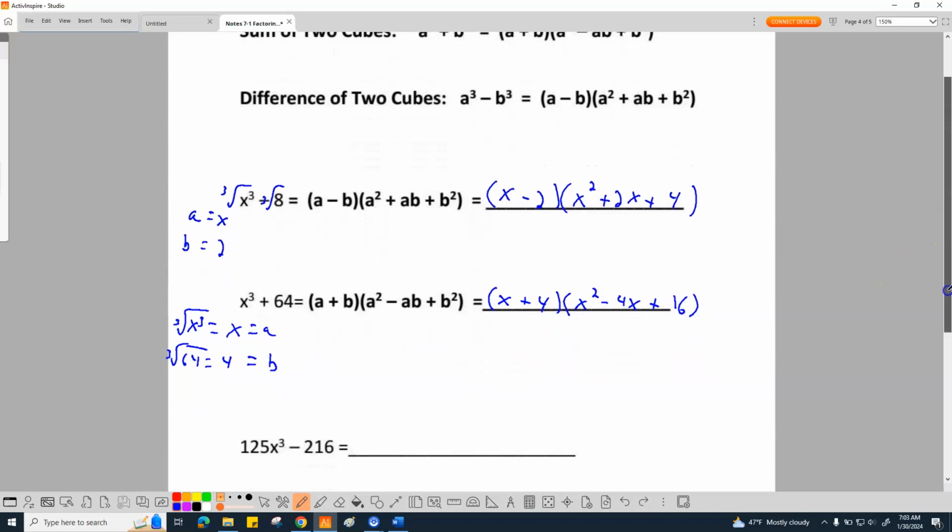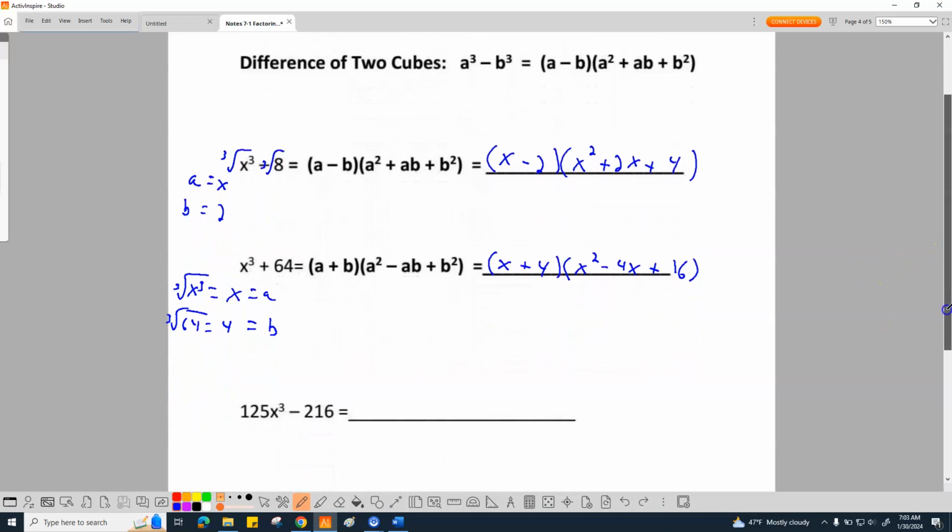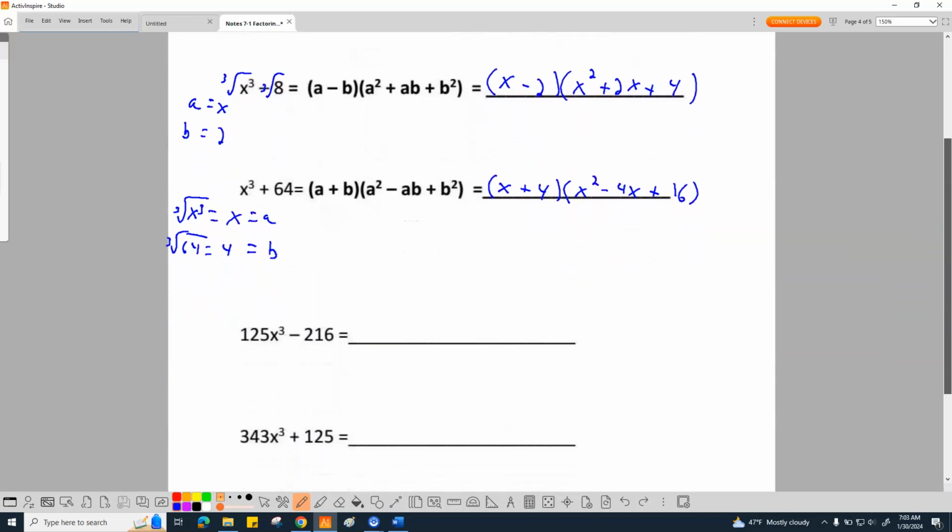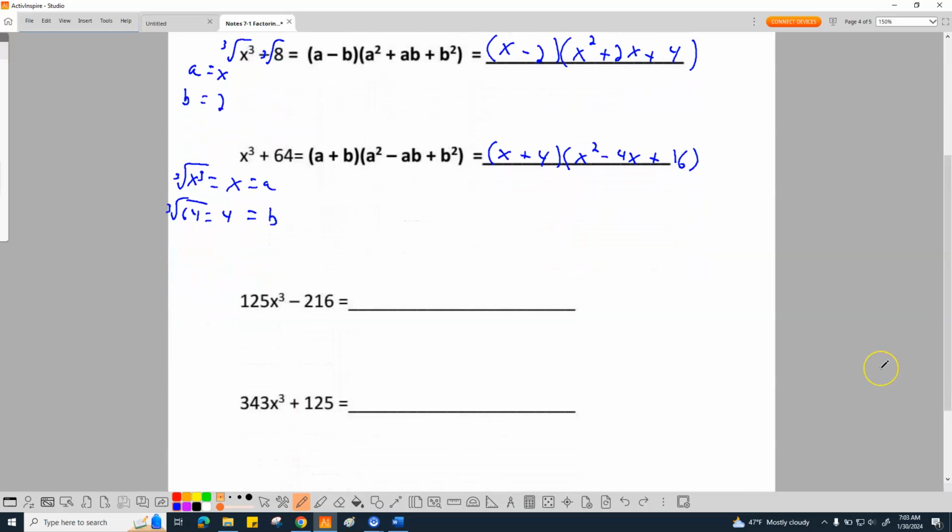I'm going to go down now and get these started. The first thing I would do if I were y'all is set up my skeletons. I'd get this going. I'd make sure I have a spot for my a equals and a spot for my b equals. This is what I do for every single one of these problems.